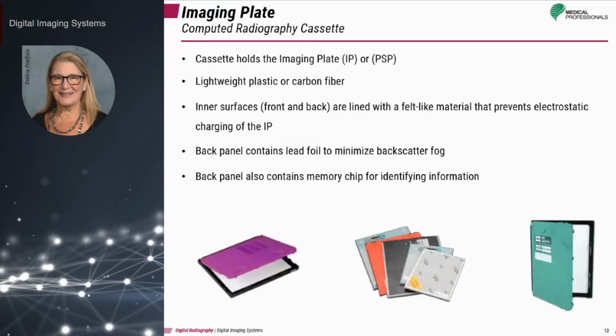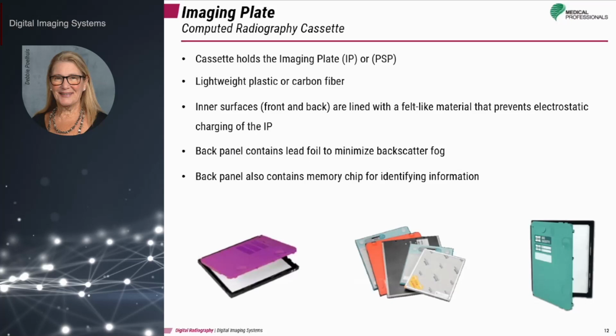So the imaging plate. The PSP, or IP, is held in a cassette that's made of a lightweight plastic or sometimes carbon fiber. The front and the back are lined with felt-like material to prevent static buildup and dust collection.